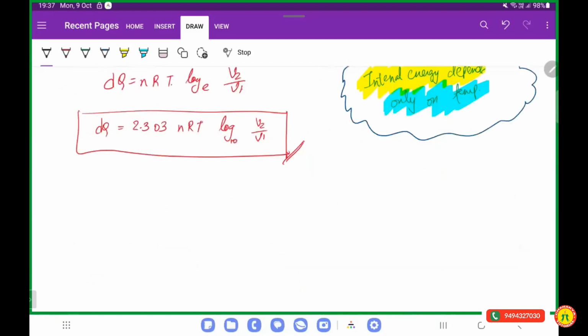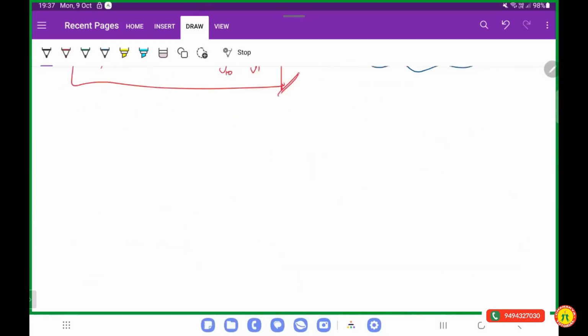Next is your adiabatic. So can you tell me about adiabatic? What about adiabatic?